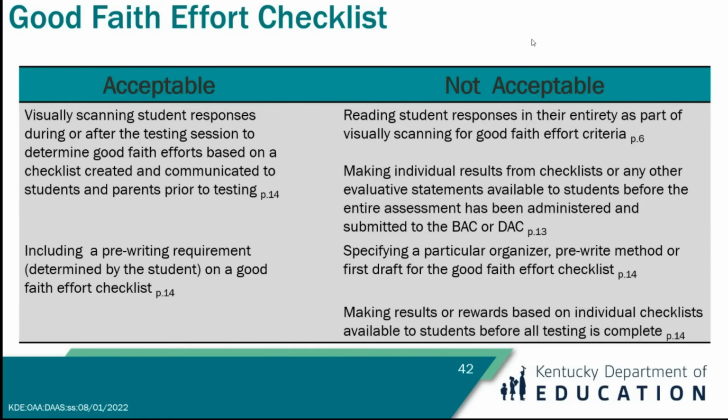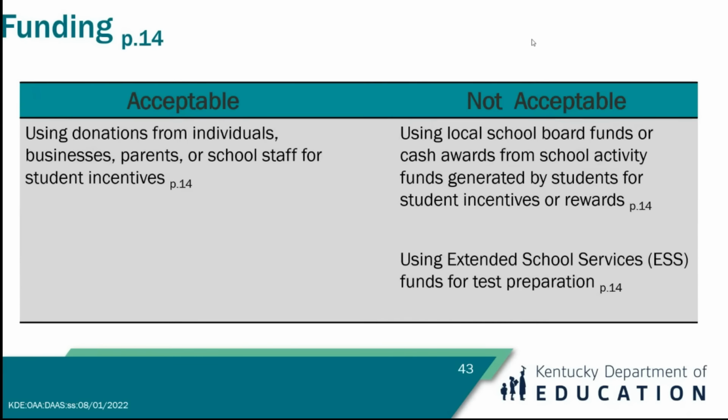How will we fund rewards using the good faith effort checklist? Funding rewards for the good faith effort checklist may come from various sources. The best source may be donations from individuals, businesses, parents, or staff to fund student incentives.